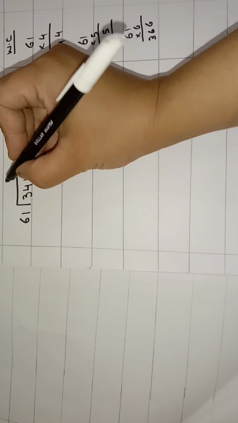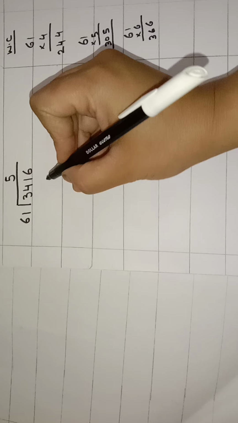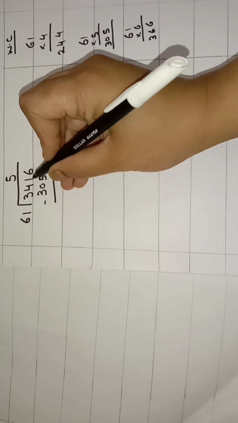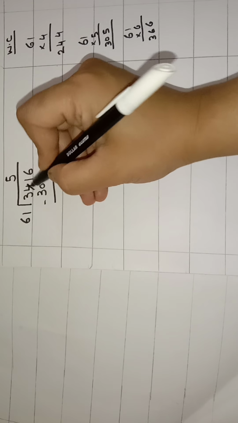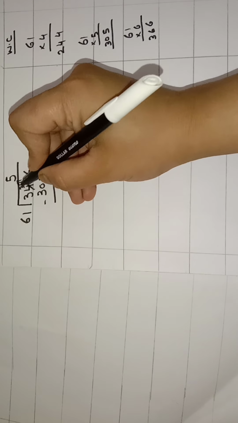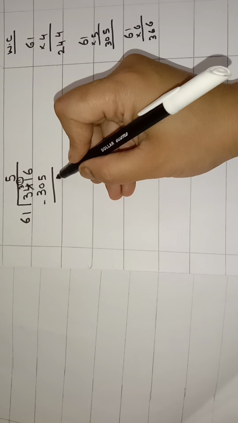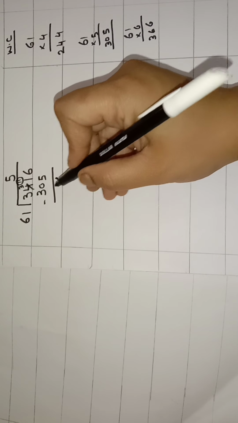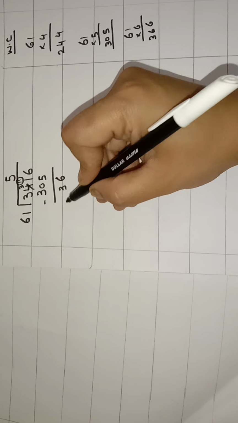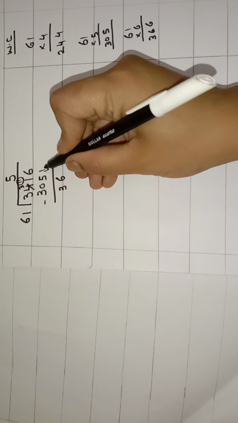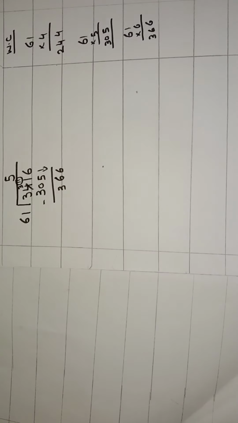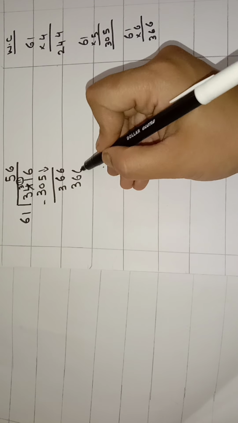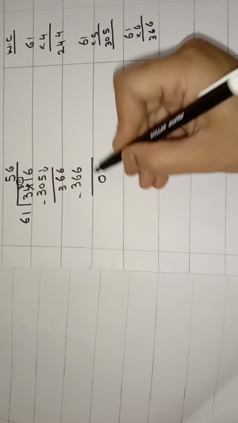So 61 fives are 305. On subtracting, 11 minus 5, 6. 3 minus 0, 3, 0 minus 0 nothing, putting down that 6. 366. 61 sixes are 366. That's all. 0 is the remainder.